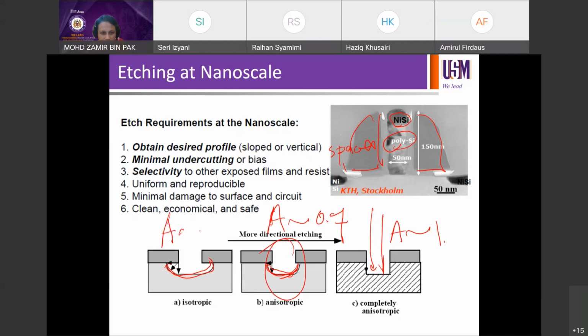So what's the A for case number 1? What is anisotropy for case number 1? What's the value? Not aspect ratio, huh? Anisotropic. What's the value for the first one? The second one is 0.7. The third one is 1.